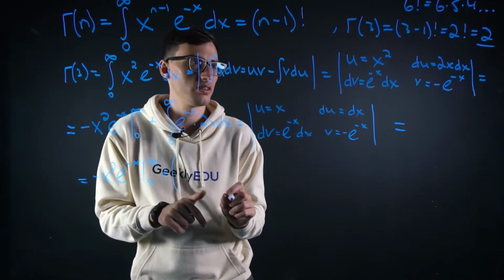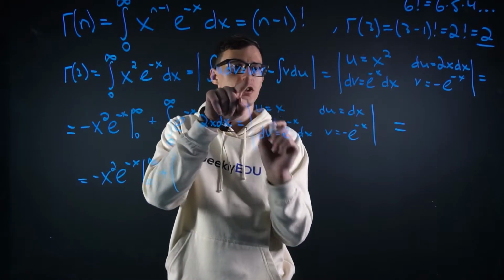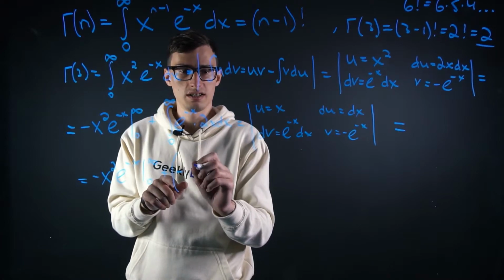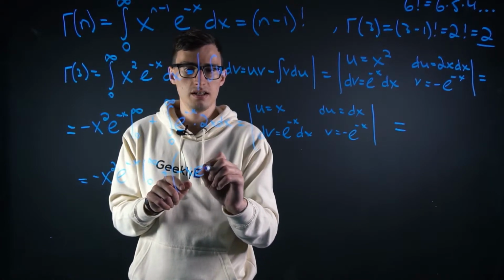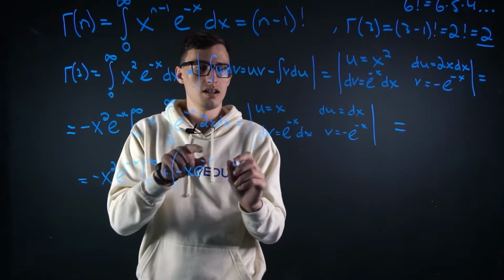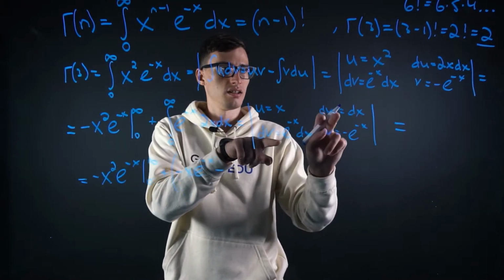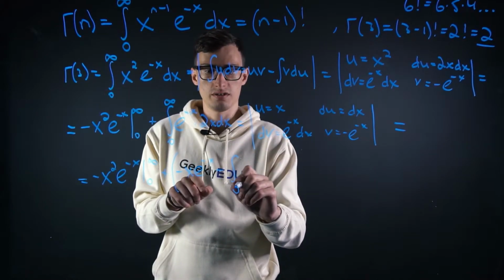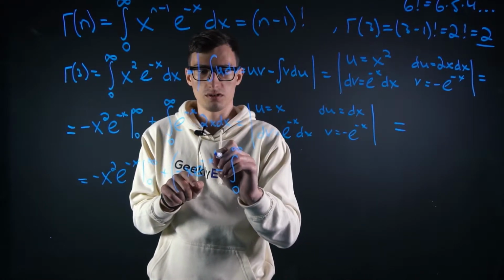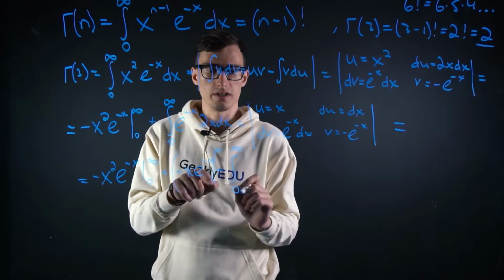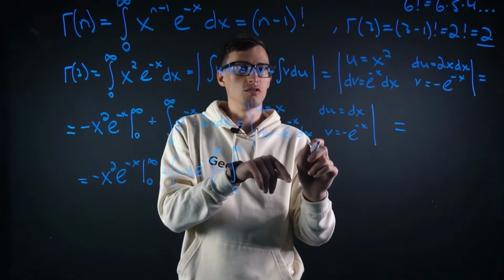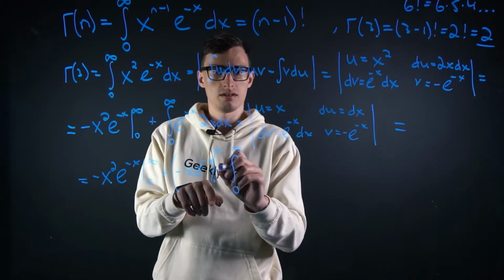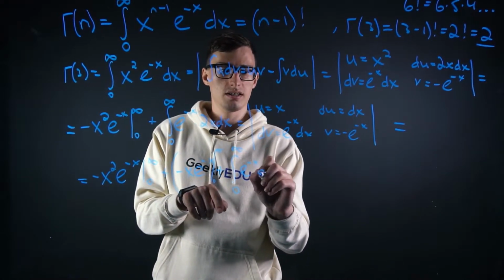So we open up the parenthesis, and we have the same formula. uv, u times v, so it's minus x e to the minus x, minus the integral from 0 to infinity, oh, and this is also 0 to infinity, can't forget that, of v du. And v du is just e to the minus x dx.